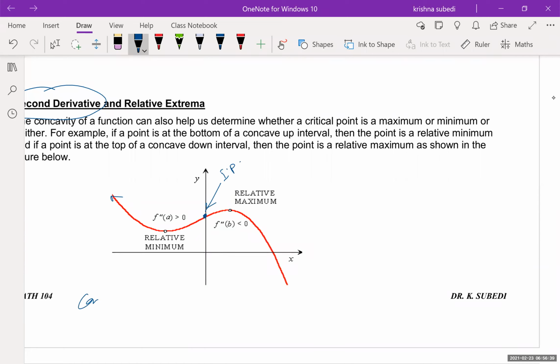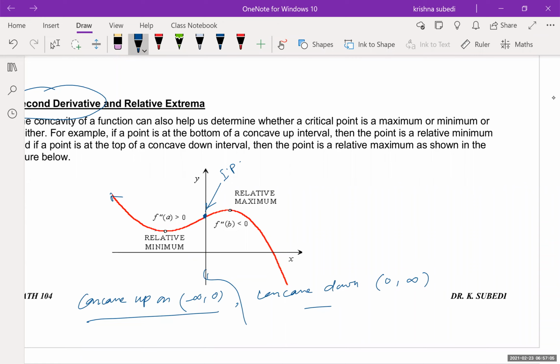The graph is concave up on the interval negative infinity to 0, and then concave down on the interval 0 to infinity. There are two intervals. One interval is concave up this side, and another interval is concave down this side.